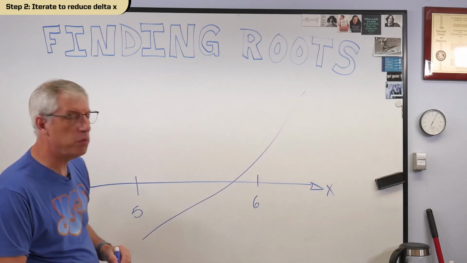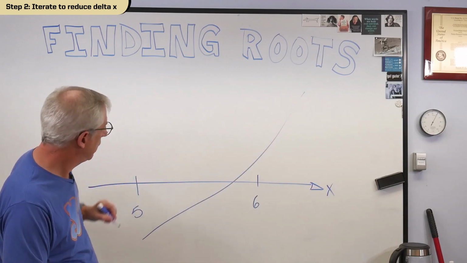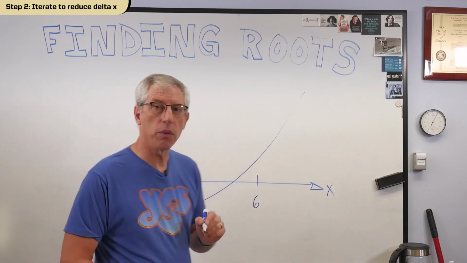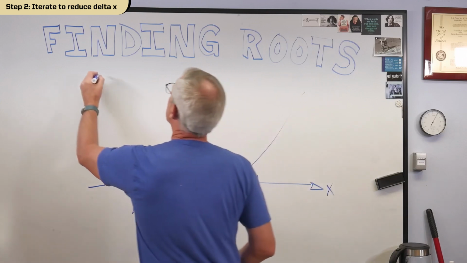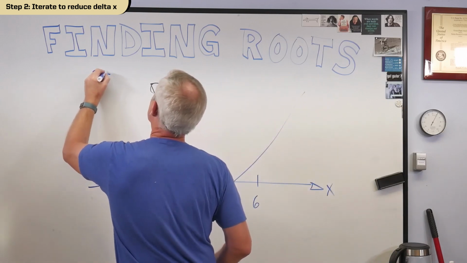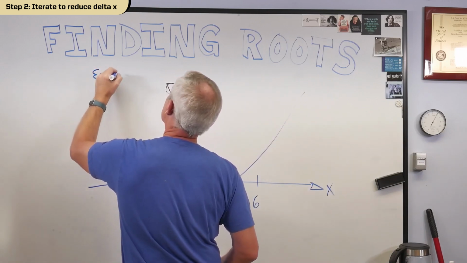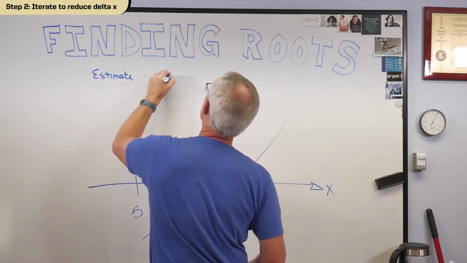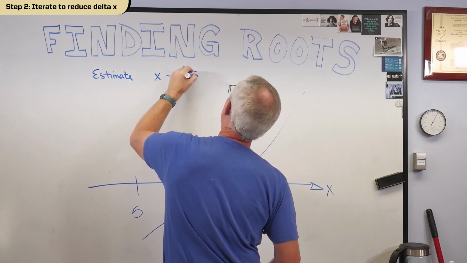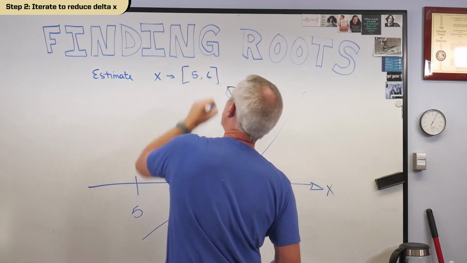Okay, I've zoomed in quite a bit here. And right now, the only thing we know is that the root lives between 5 and 6. X is in the range from 5 to 6. We don't know where it is there.